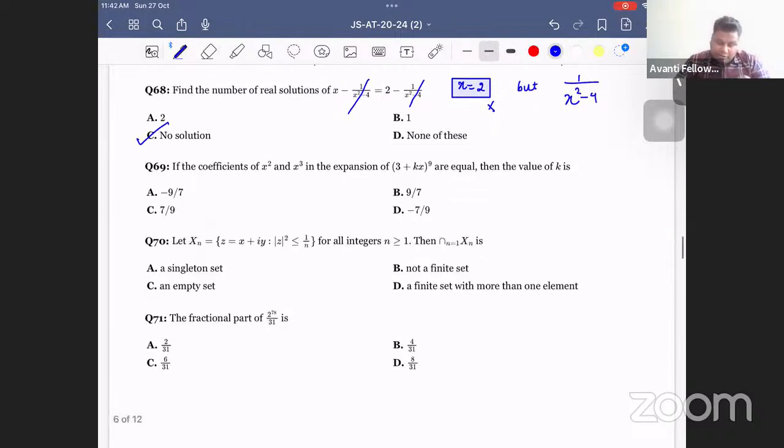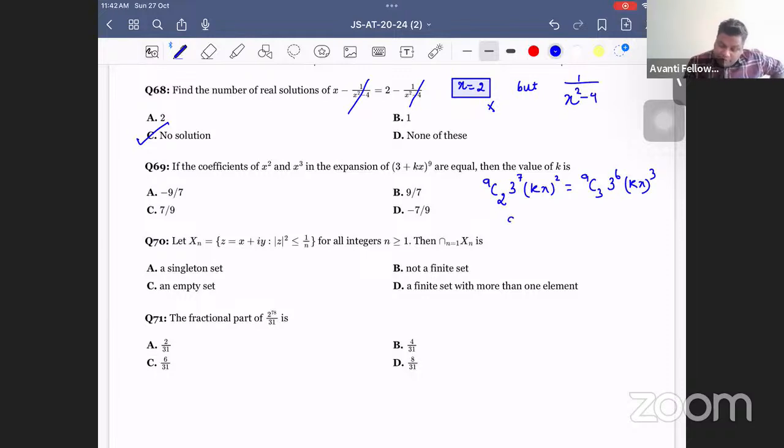Now, if the coefficient of x square and x cube in the expansion are equal, then see simply what will be the coefficient of x square? x square will be 9C2 3 raised to the power 7 kx square. This is equal to x cube, which will come from 9C3 3 raised to the power 6 kx cube.